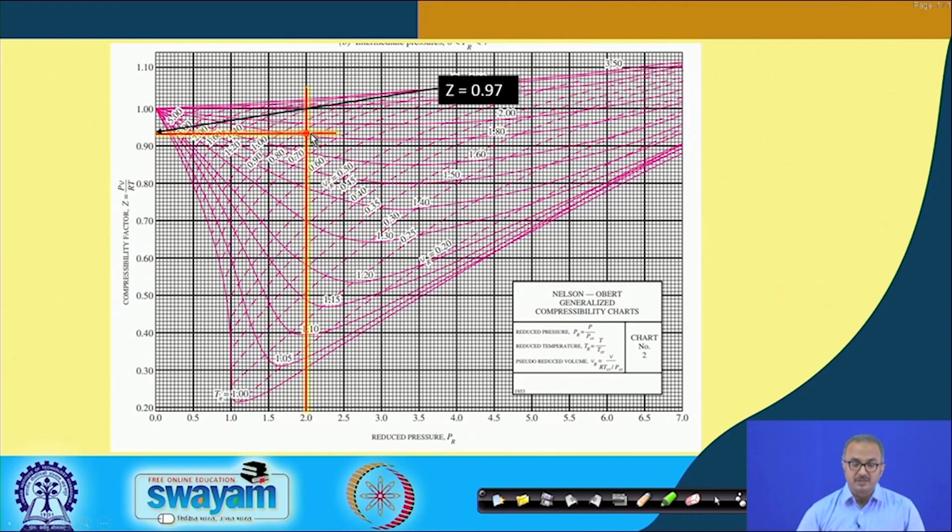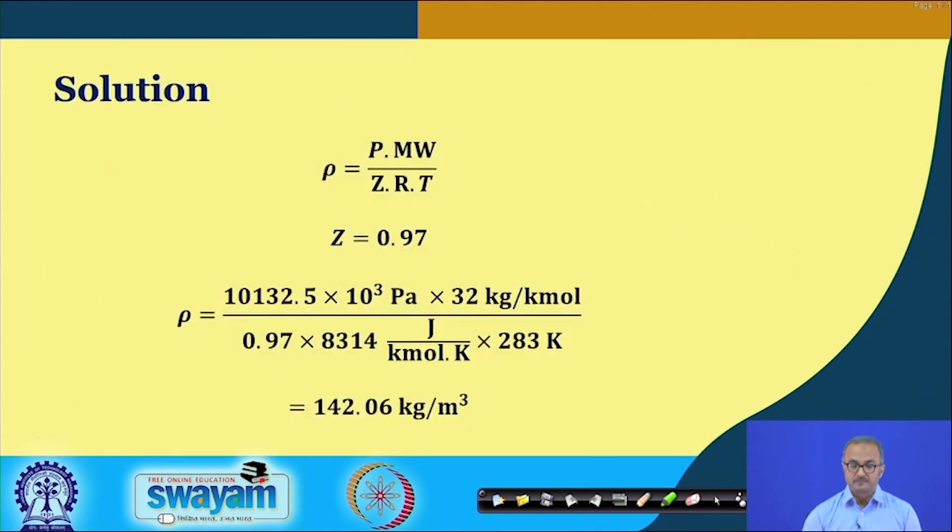So you need to know the interpolation formula. Once you can interpolate, you can find the intersection of TR and PR, and from this point of intersection we simply go horizontally to the left hand side to locate the value of Z, which comes out to 0.97. Now this 0.97 is very near to unity, and that means this gas is behaving almost like an ideal gas.